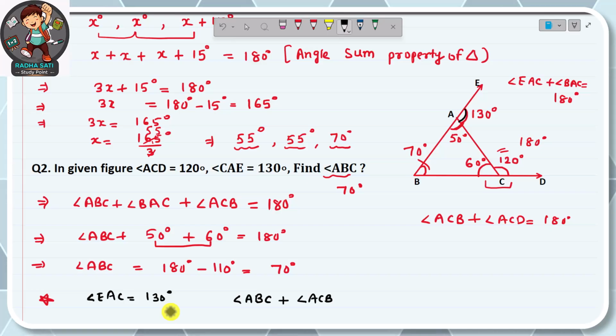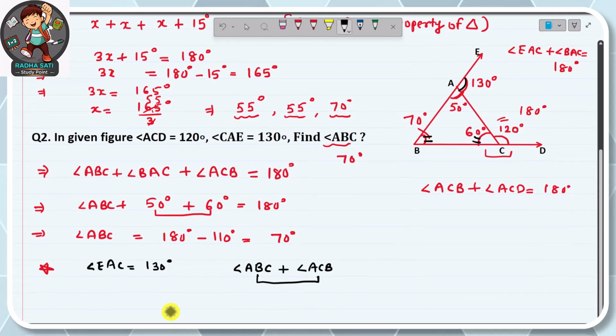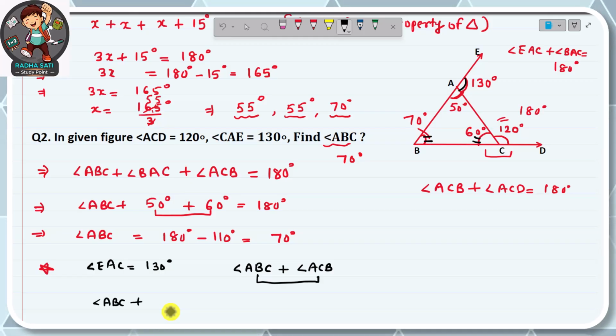As per the exterior angle property of a triangle, the exterior angle of a triangle will always be equal to the sum of its two opposite interior angles. If we take this exterior angle, angle EAC, that is 130 degrees, this will always be equal to the sum of these two angles. So angle ABC plus angle ACB, which we found by using the linear pair property to be 60 degrees, will be equal to 130 degrees.